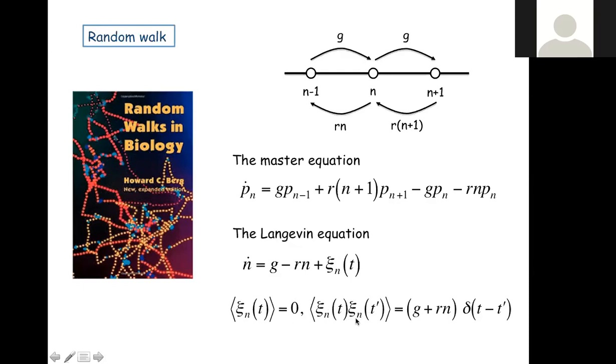The variance is basically g plus rn, the growth term plus the loss term, times the Dirac delta function. This is a typical expression for noise processes.